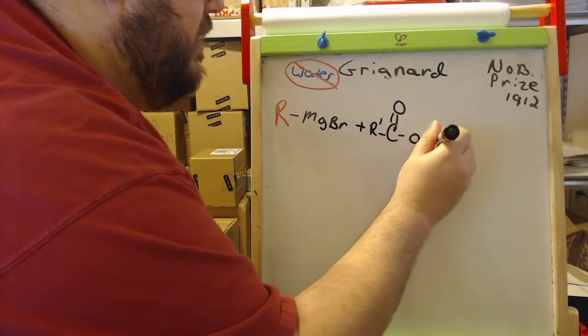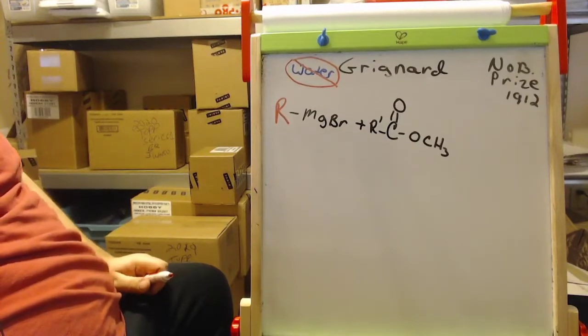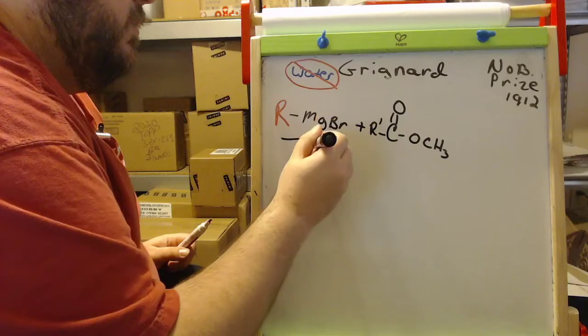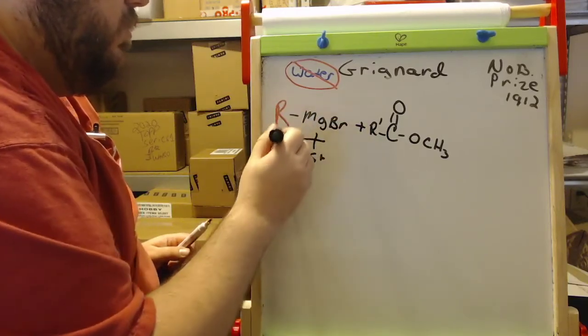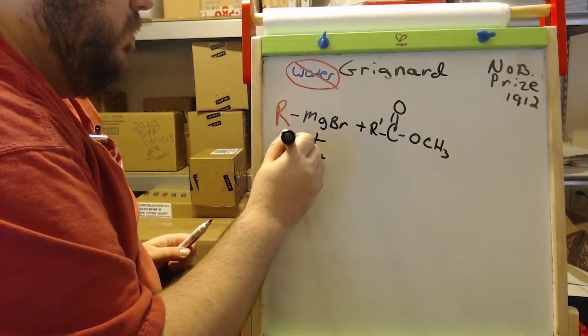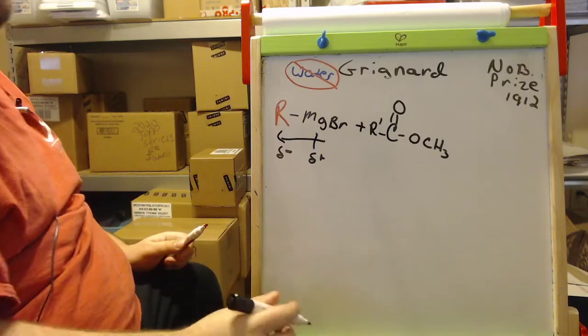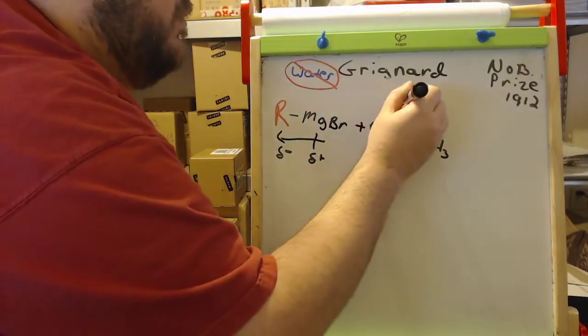I'm just going to do OCH3 just for space-wise. Again, we have the same thing going on. Magnesium is partially positive. And due to our Grignard, my carbon's partially negative. Over here, again, same thing.